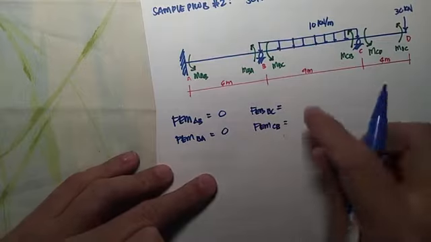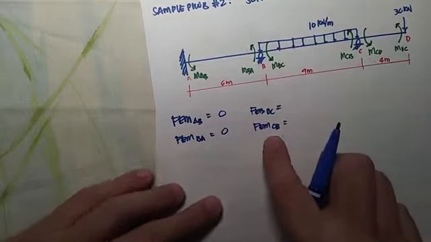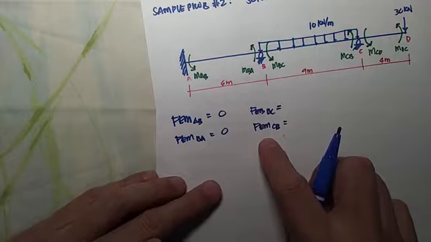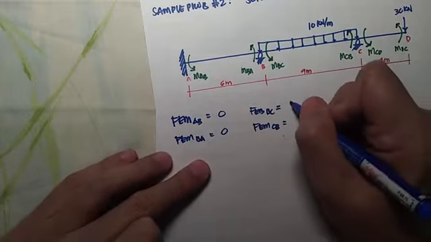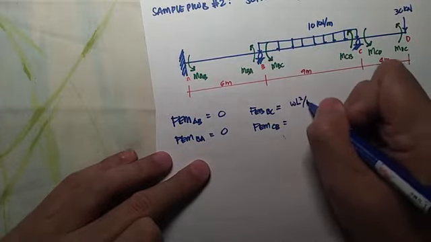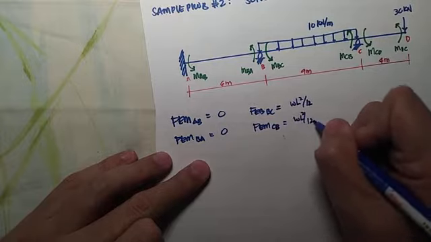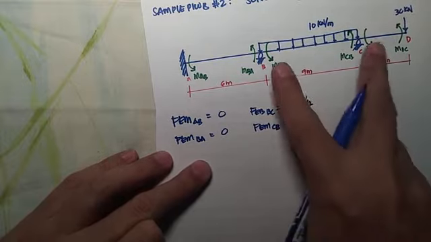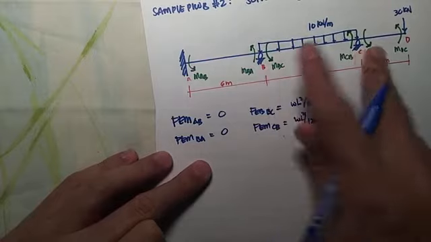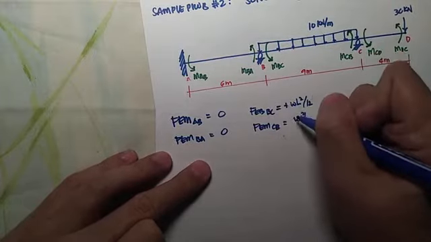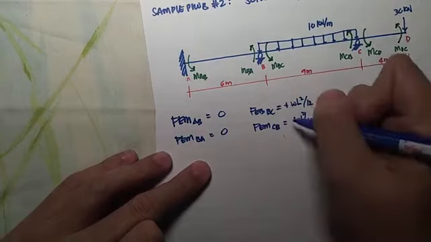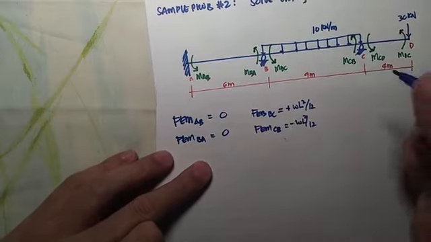we have derived this in my sample problem number 1 as WL squared over 12. The fixed end moment on the left support would be counterclockwise, so that is positive, and on the right side it would be clockwise, so that is negative.